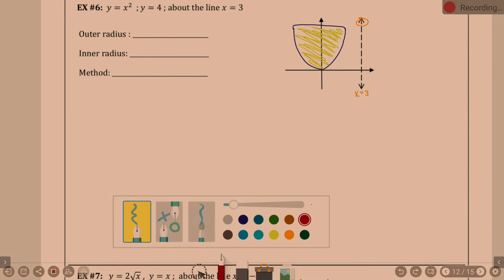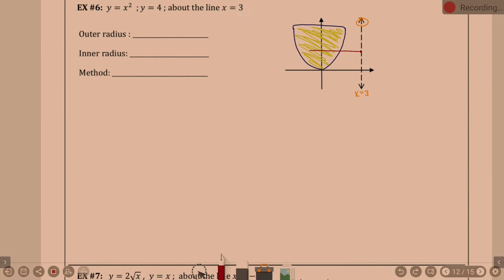Okay, big R, little r. Big R is going from the axis of revolution to the far side. Little r is going from the axis of revolution to the close side.